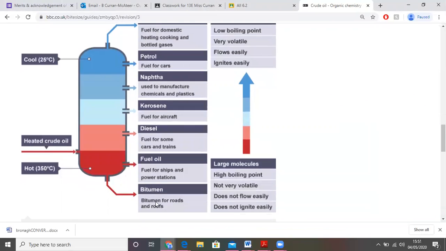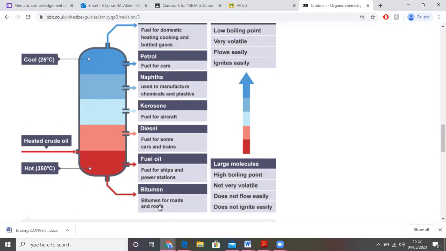Bitumen is still liquid even at 350 degrees. So when it goes into the hottest part of the column, the bitumen sinks and condenses at the bottom, or remains as a liquid, and you just remove that through a tap at the bottom of the distillation chamber. That's how you separate the bitumen from the rest of the fractions.